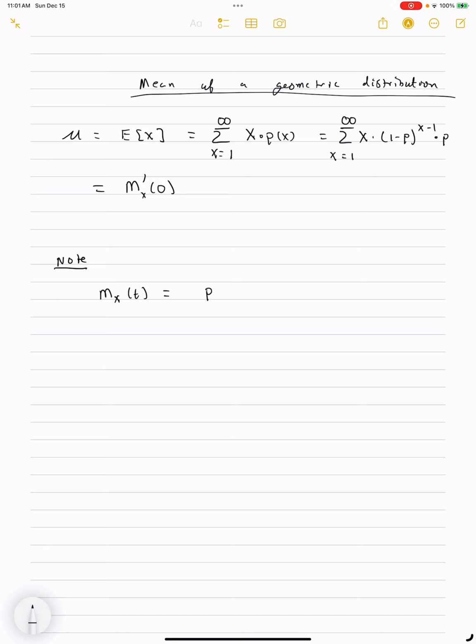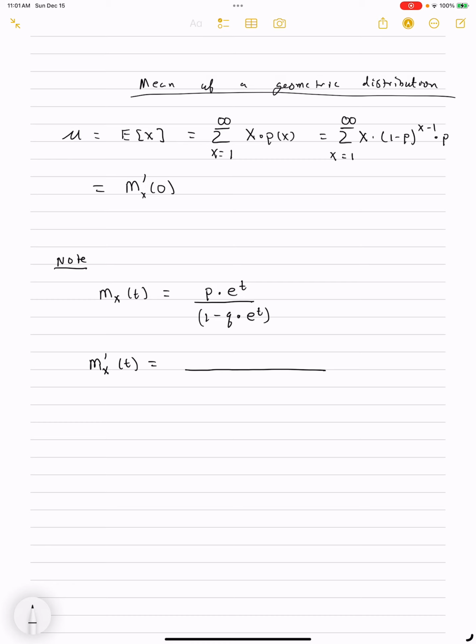And it's p times e to the t divided by 1 minus q times e to the t. Okay. So if we want to calculate the derivative here, we're going to have to use the quotient rule. Okay, and when we use the quotient rule, we're going to differentiate the top.